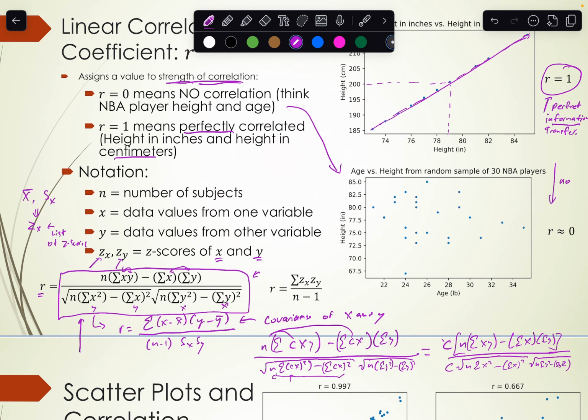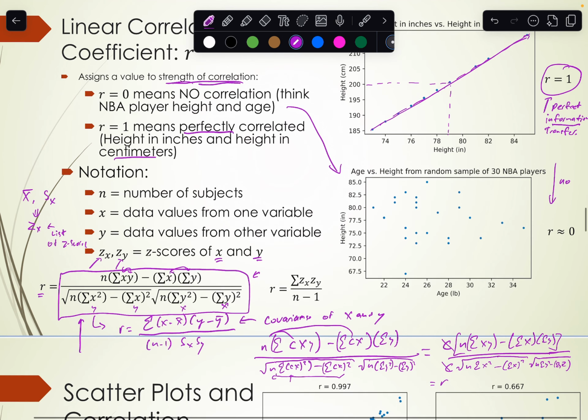So I can take a c out of the top and the bottom, and those c's cancel, and I get my original r. So if I multiply one of my data sets by some constant, the correlation remains unchanged. That is such a clever way of formulating it.